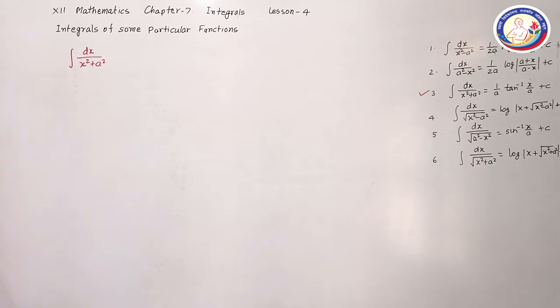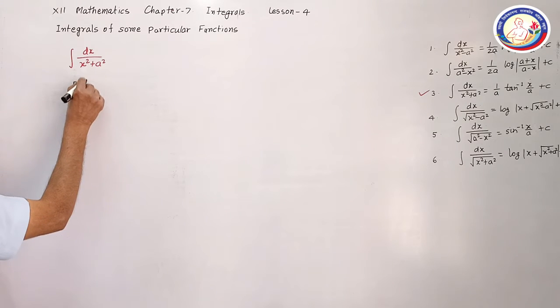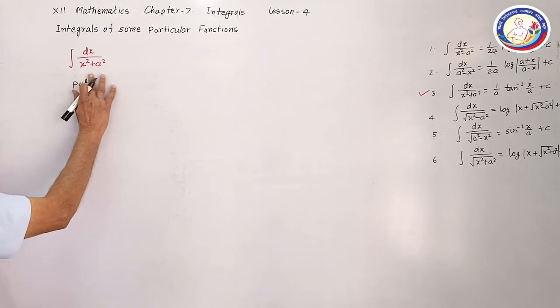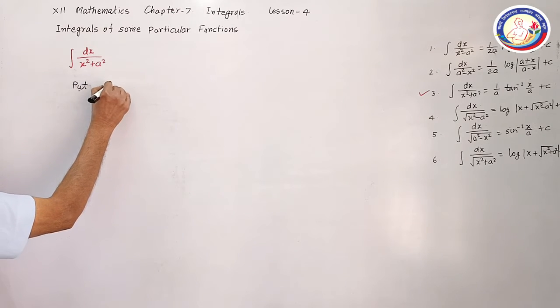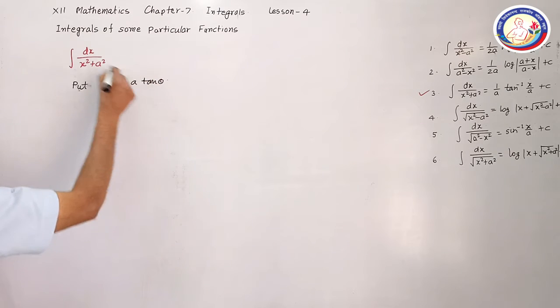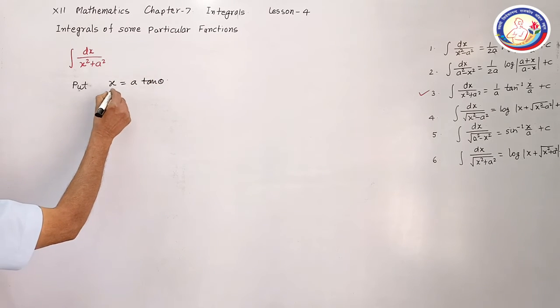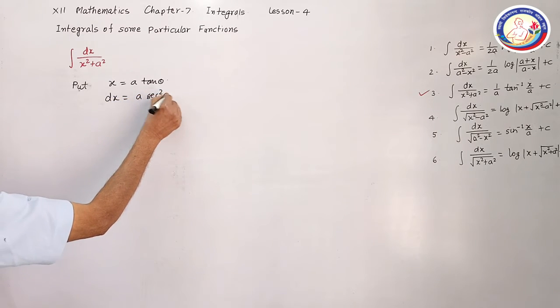Keeping it in mind, we will put here x equal to a tangent theta. Then derivative will be a sec square theta.